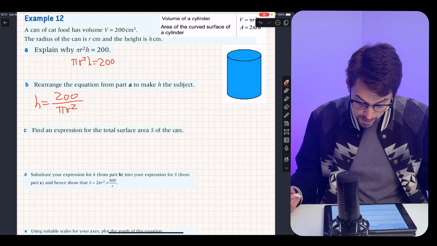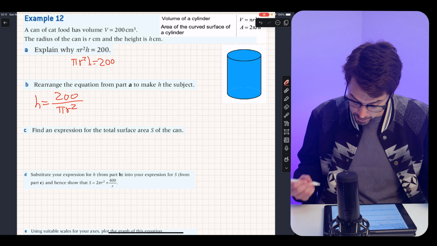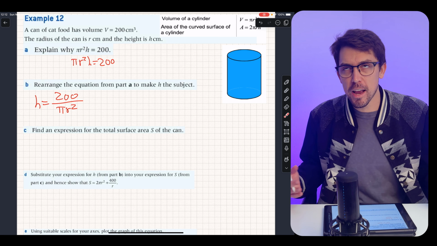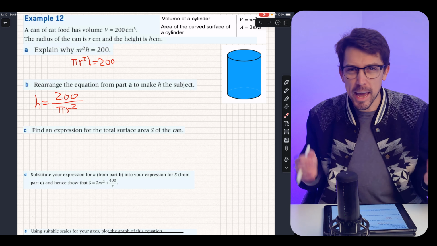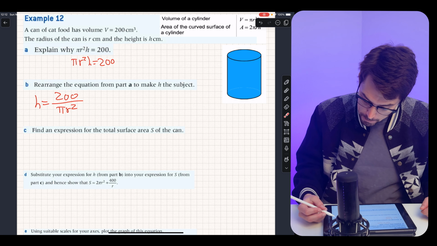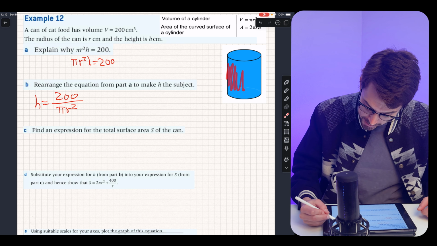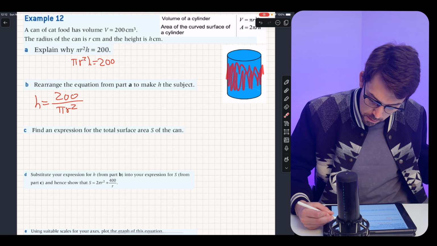Cool. Now let's find an expression for the total surface area of the can. Remember that surface area is everything that you can touch, wrap around, or paint. With a cylinder, I can touch everything that goes around it, almost like this microphone here, as well as what's on top and on the bottom.